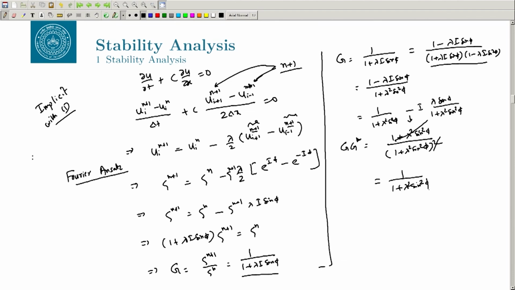So, you can see this that sin phi is between 0 to 1, okay, and lambda is greater than 1, lambda square of course is greater than 1. So, then this G star is basically less than 1, right, or more accurately less than equal to 1. So, even if we use the central differentiation scheme for the convection equation, we find out that the scheme is stable, unconditionally stable.